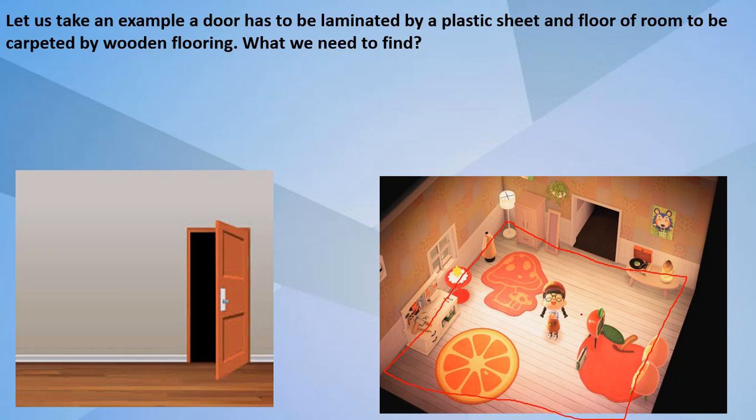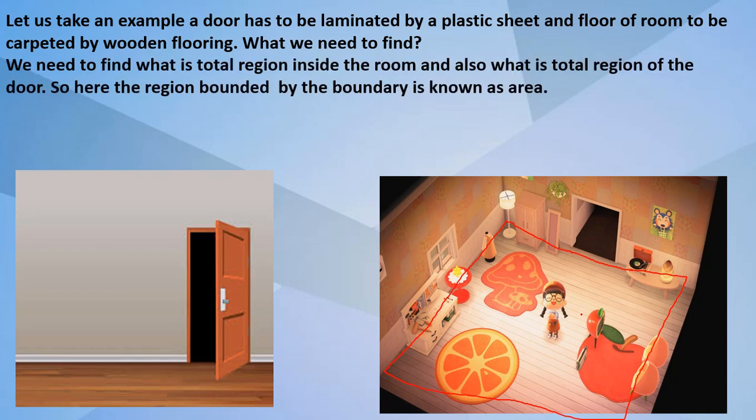That is, we need to find the total region inside the room, that is, this boundary of the room has the region inside it, that is the area of the room. Similarly, the part of the door bounded inside by this boundary is the area of the door.